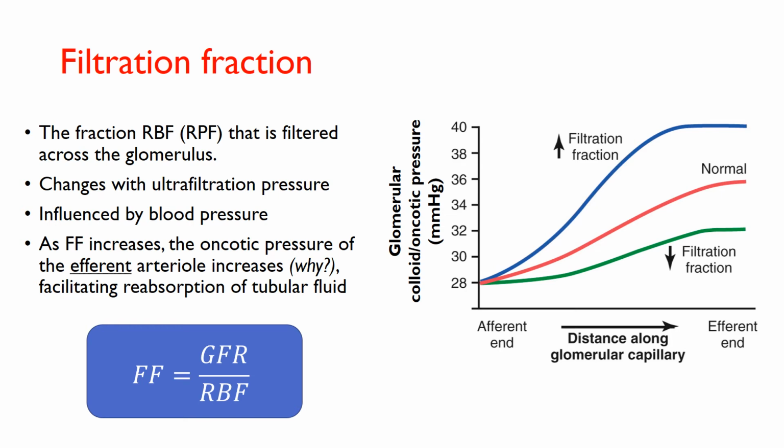This graph over here on the right, on the x-axis, is representing the distance along the glomerular capillary. So if you were to draw a little picture here of a glomerular capillary, so this is your glomerular capillary.